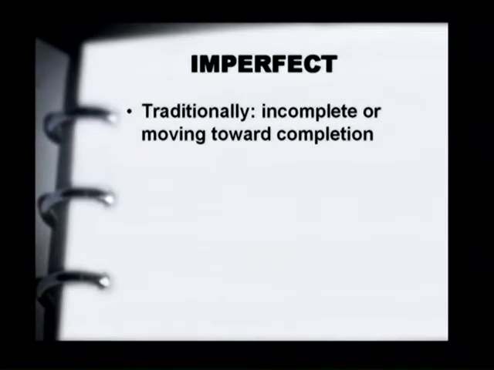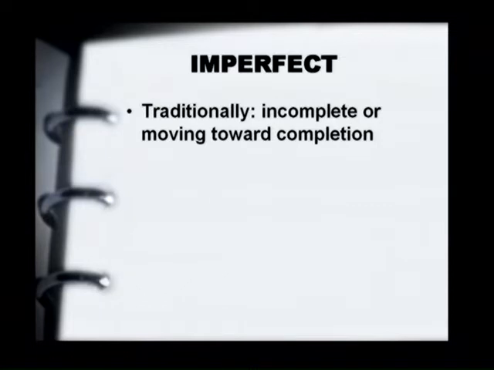As we look at the imperfect, first of all, it has been traditionally called the verb form that shows that something is incomplete or moving toward completion. Now that is not a correct view of the imperfect. It may, in some cases, refer to something that is incomplete, but it is not always incomplete.